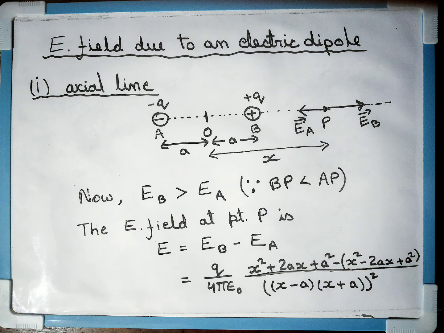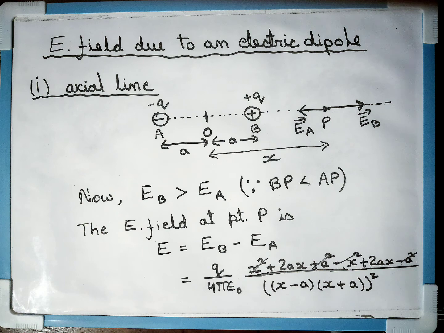Now we'll open the bracket. Upon opening the bracket in the numerator, we'll get x square plus 2ax plus A square minus x square plus 2ax minus A square.